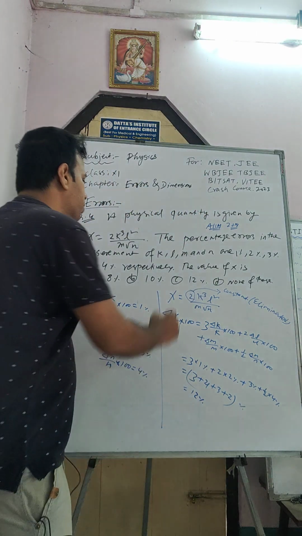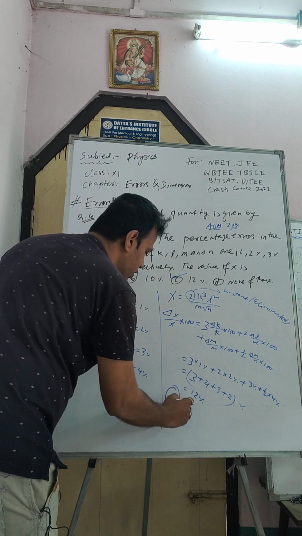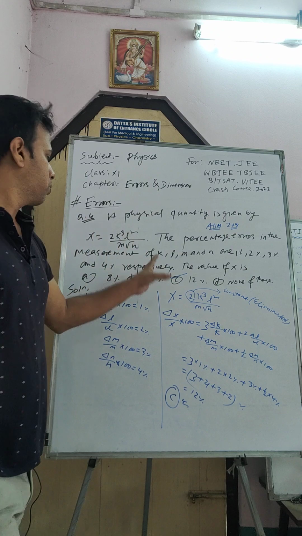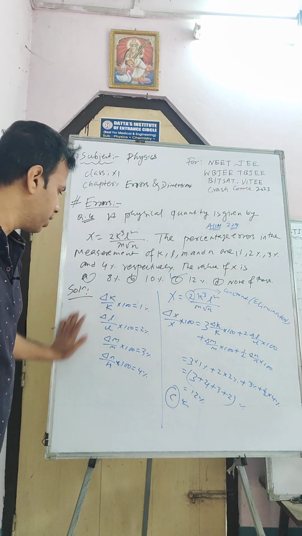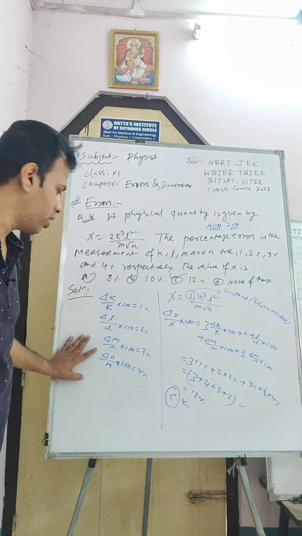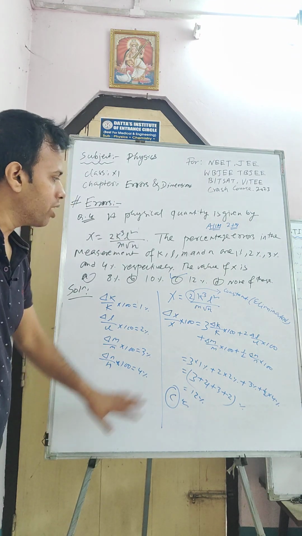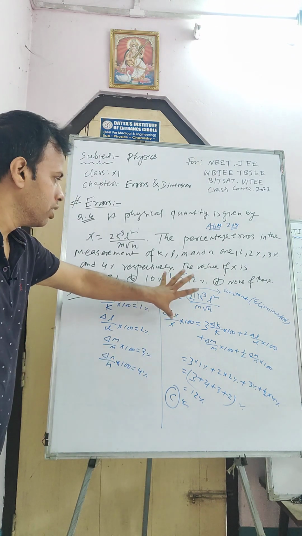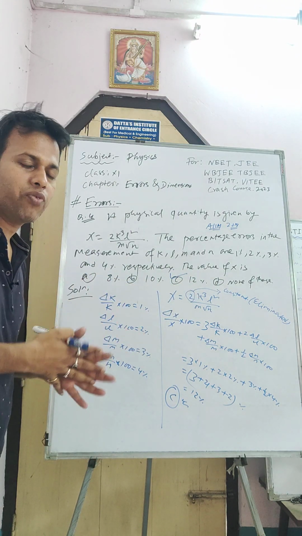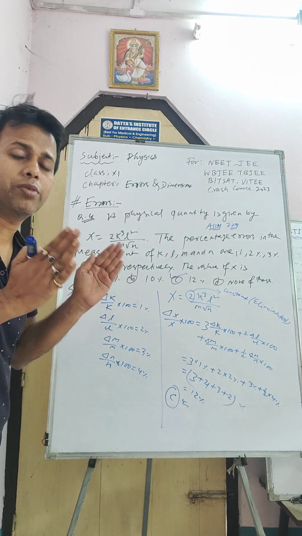So which option is correct? Option C is correct here also. So what I am doing here: I first write the given percentage errors, del k by k, del L by L, del m by m, and the percentage error in n. Now I write the formula for this physical quantity and split it using formula number 6.